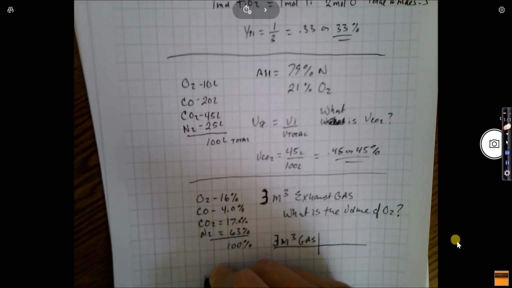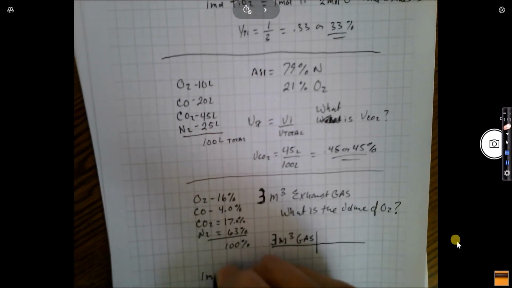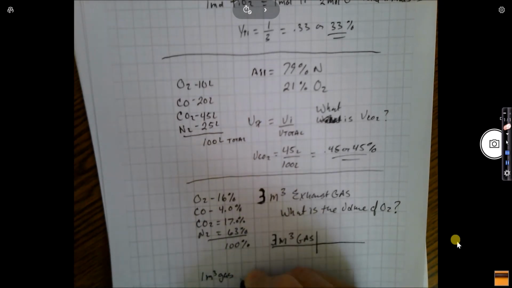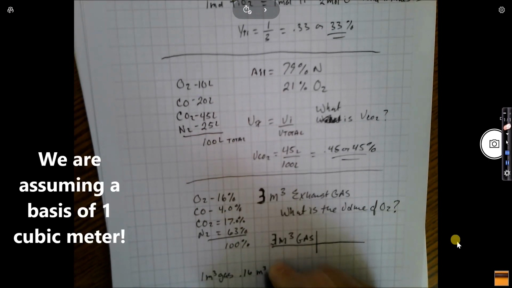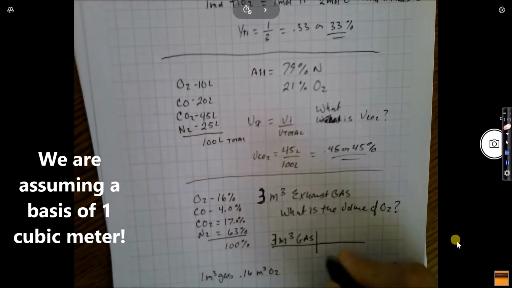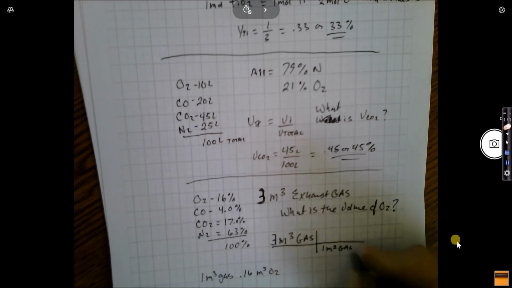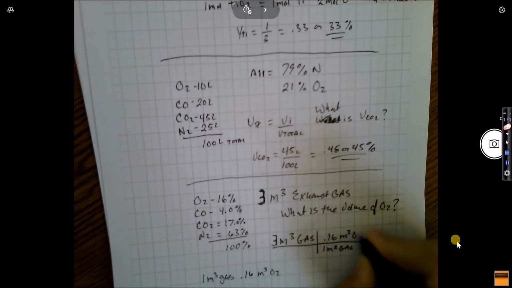So we can take a look at what that amount is in 1 cubic meter of gas. And if you look at it by inspection, you can say it has 0.16 cubic meters of O2. So we can apply that factor to this. So 3 cubic meters of gas. In 1 cubic meter of gas, there's 0.16 cubic meters of O2.